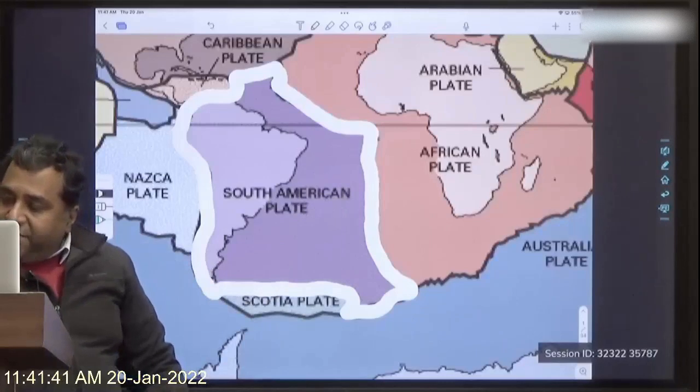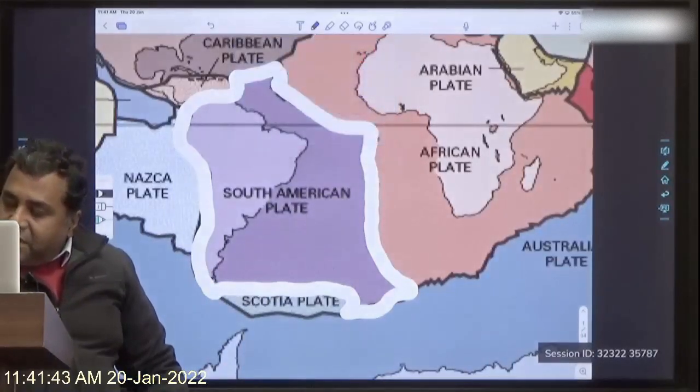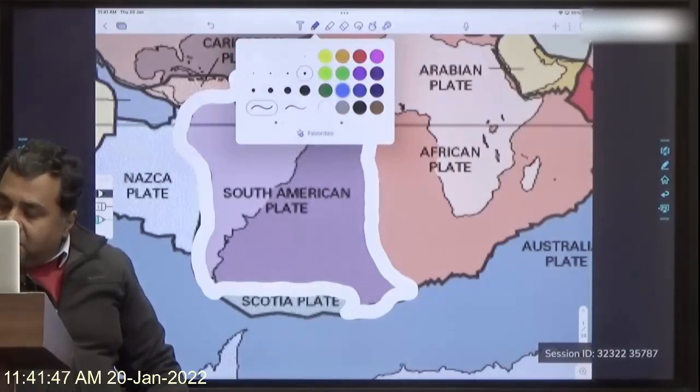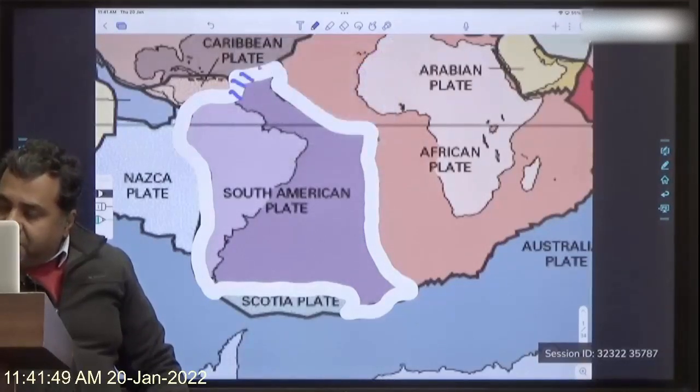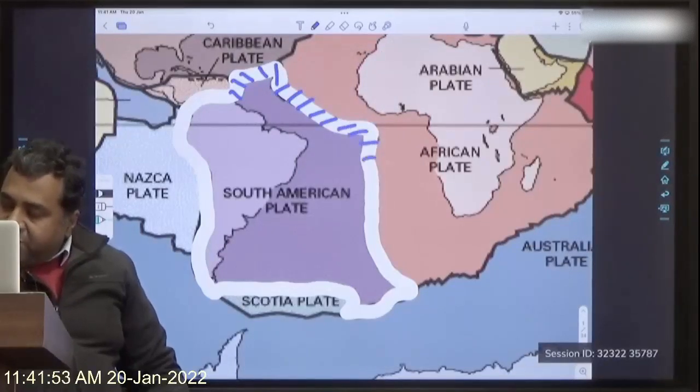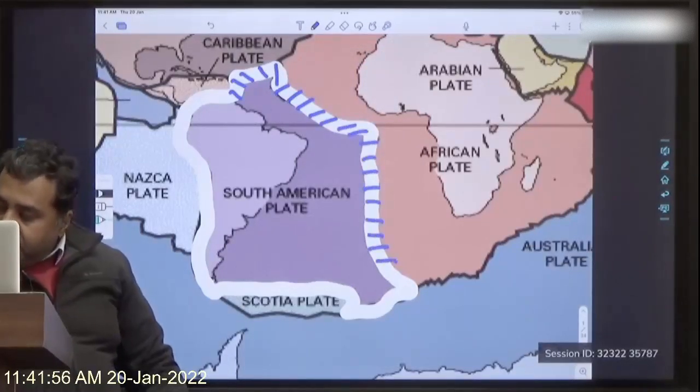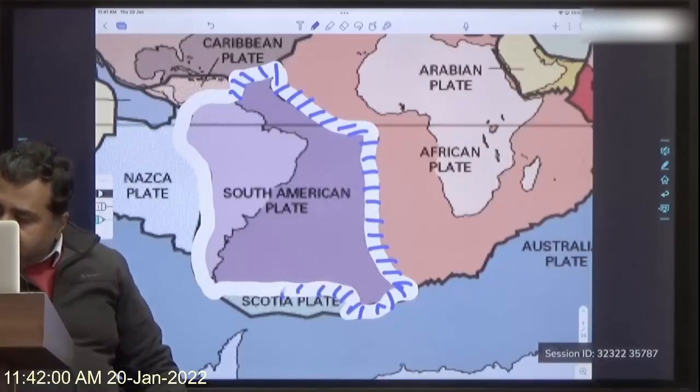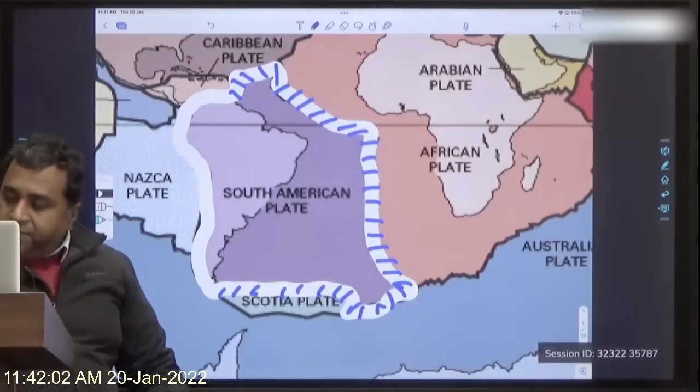And hence I will color or shade the margin into two colors. Okay, one is this bluish colored side, and everyone I hope understands, right?